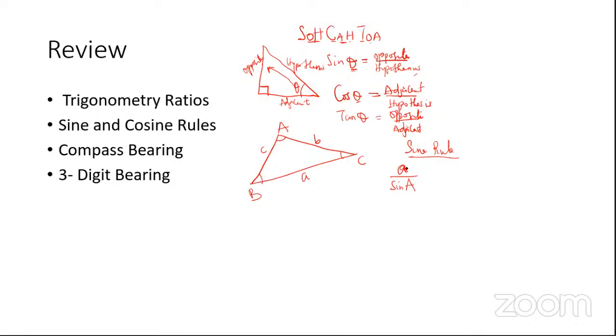The ratio of the length of the side to the sine of its corresponding angle is constant. So a over sine A equals b over sine B, which equals c over sine C. It's a constant.